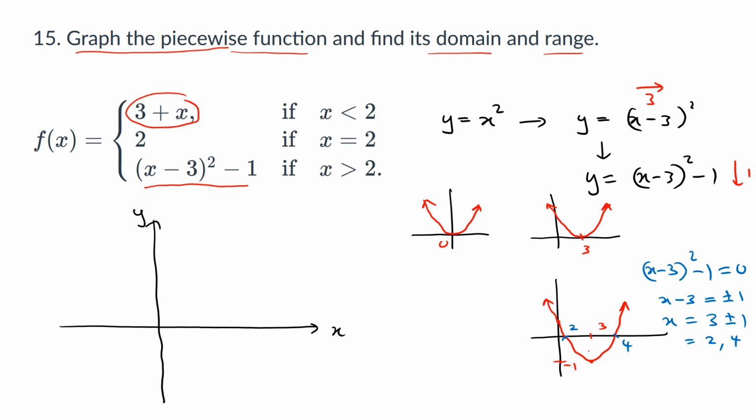That means the y-intercept is 3, but it's going to get values up to 2. So we have 1, 2, 3, 4, and it says that it's going to go up to 2. So that's the 2, and the 4.